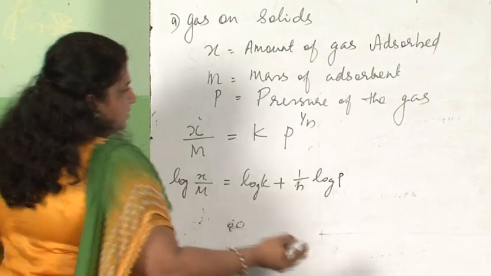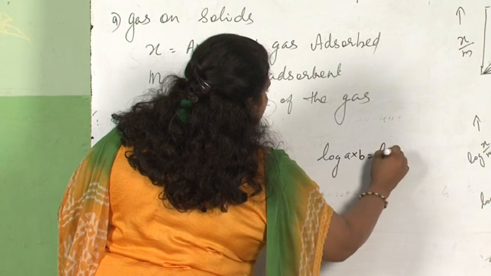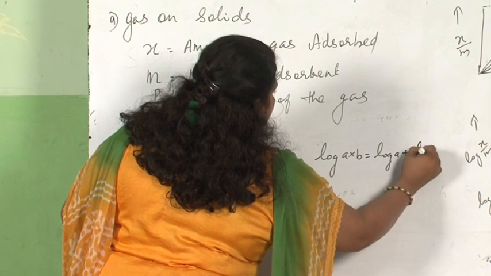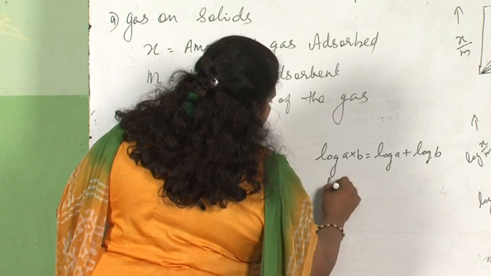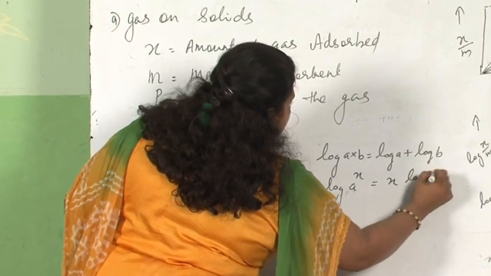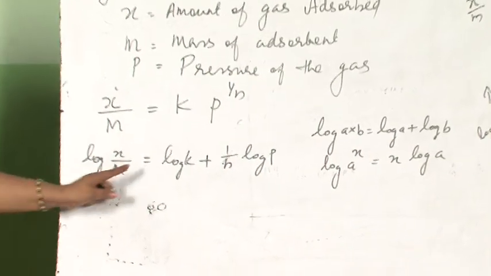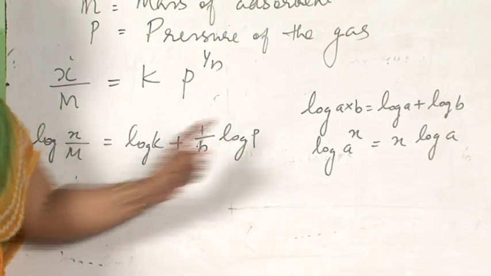In the sense, log a into b is equal to log a plus log b, and log a raised to x is equal to x log a. These are logarithmic rules, you know. So it is log x by m is equal to log k plus 1 by n log p.